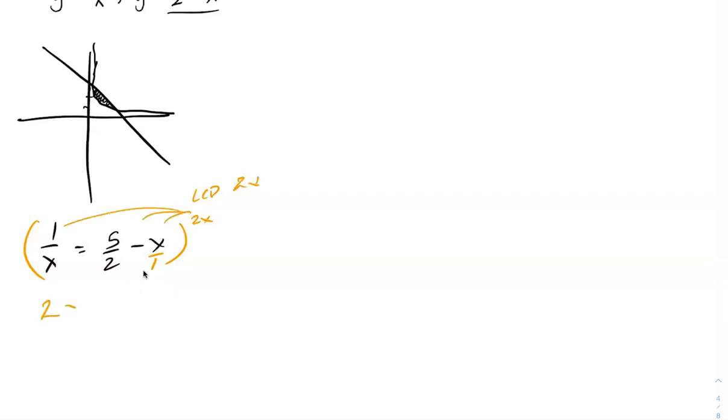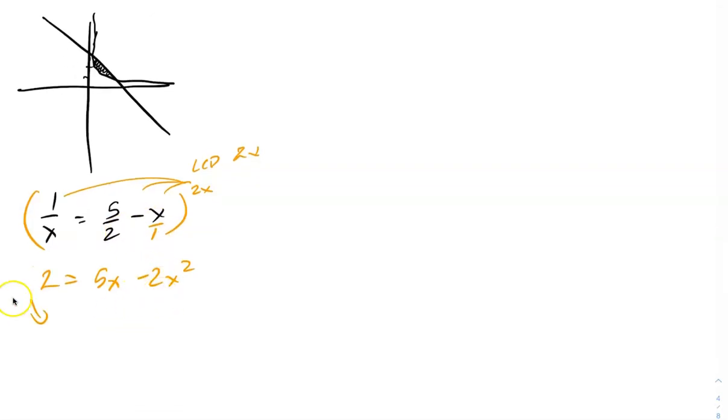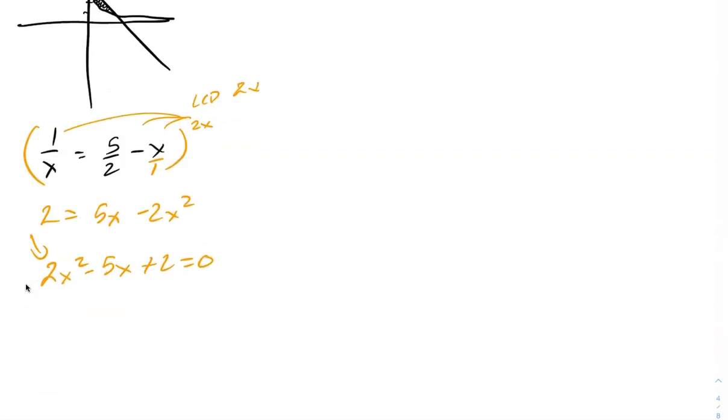So you get 2 equals 5x minus 2x squared. Set equal to 0. Now, I don't like to have a negative x squared, so I'm going to move all this stuff over to that side. So I get 2x squared minus 5x plus 2 equals 0. Then we have to factor it. So I like to multiply these together. I get 4x squared, and the combination that gets me negative 5 would be negative 4x and negative 1x.